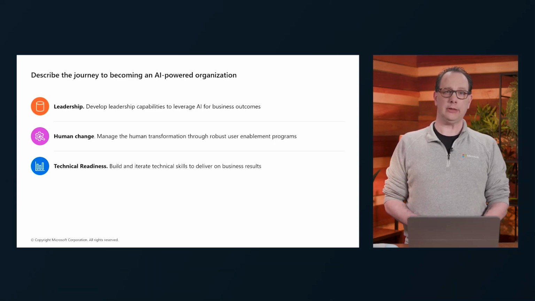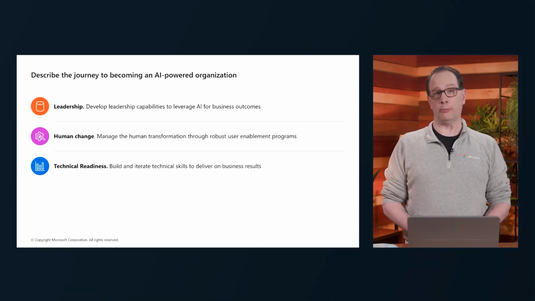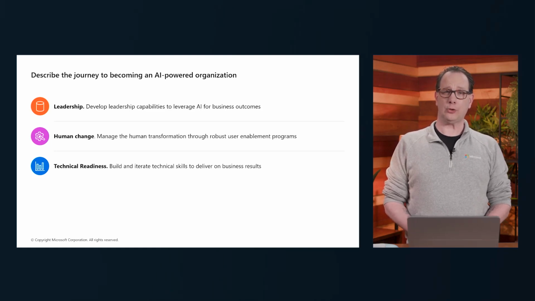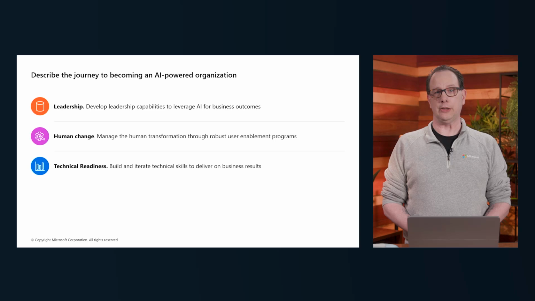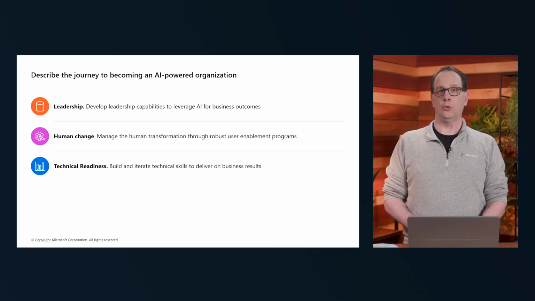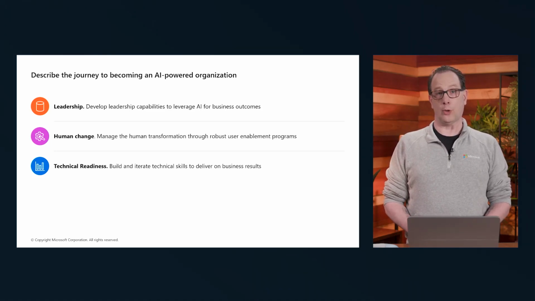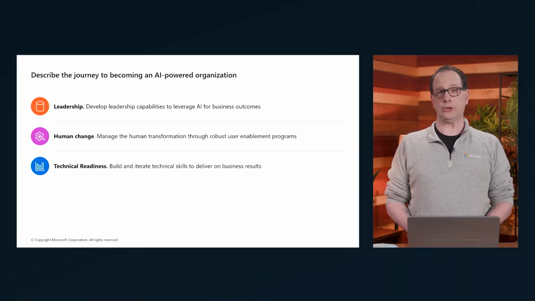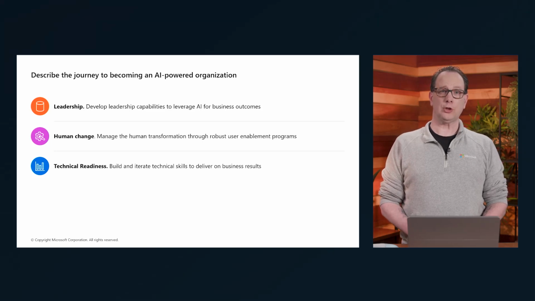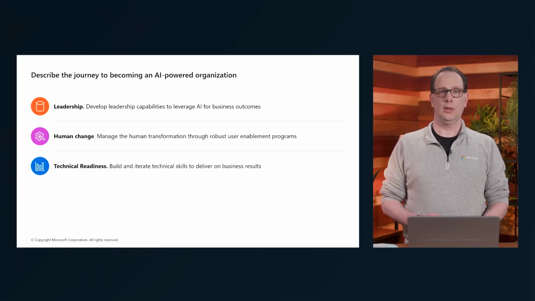Developing leadership capabilities to really leverage AI for business outcomes, including foundational learning, business strategy, AI council creation, and providing clarity and prioritization. By the way, a best practice here would be to create an AI council from representatives across the organization to help guide and measure adoption. Make sure it doesn't get flagged as just an IT project, but it's rather a business project.